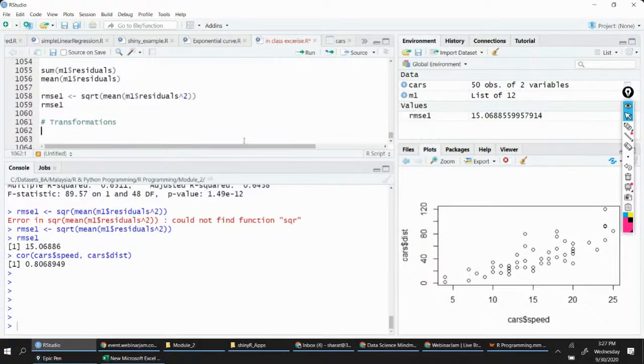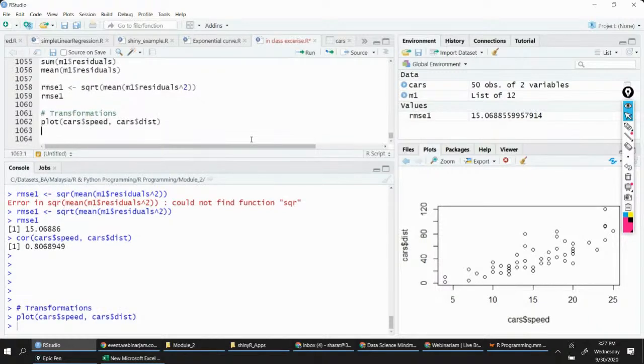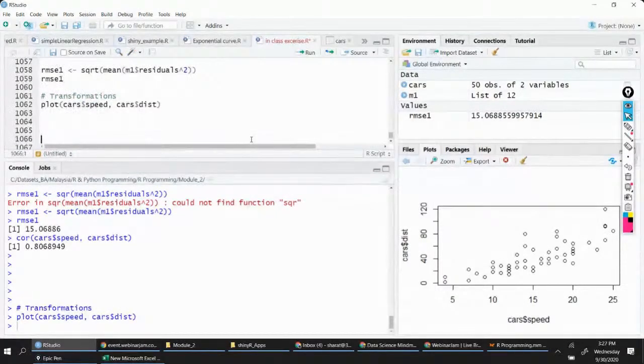So in order to understand whether the transformation is working or not, we will do a plot of cars$speed, cars$dist. This is the original data in its original form.